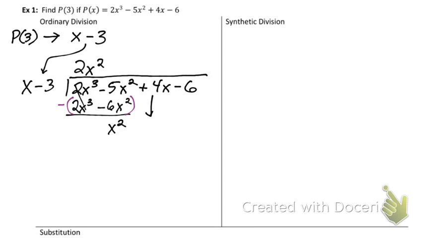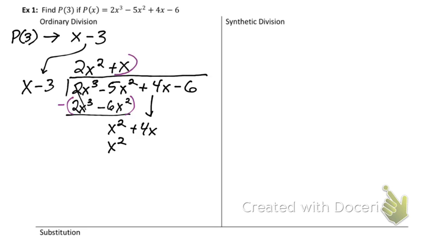Then we drop down that 4x. And we do it all over again. I look at this x, I look at this x squared, and I say, what do I multiply x by to give me x squared? Well, that's just plus x, because x times x would give me that x squared.